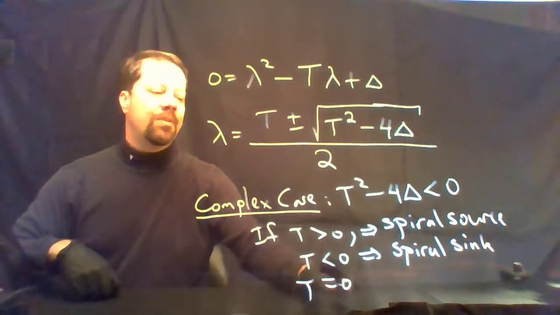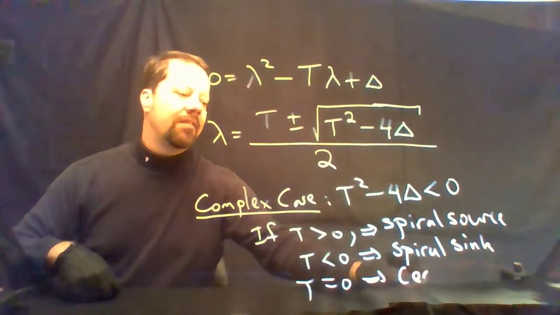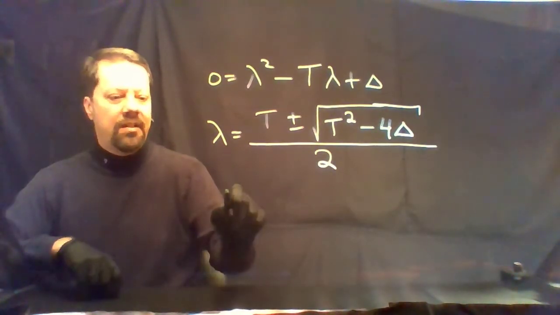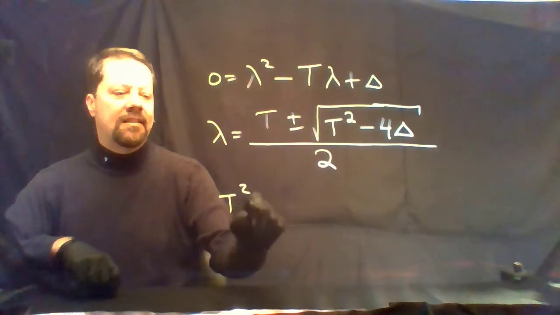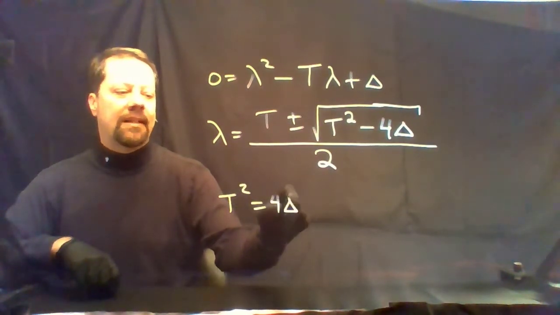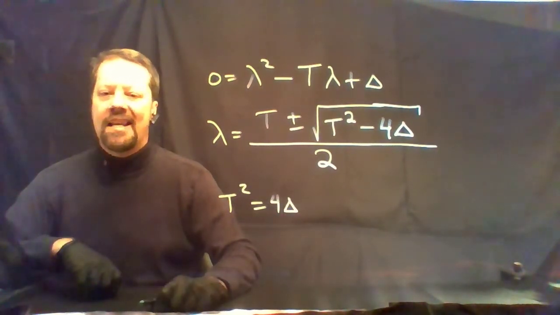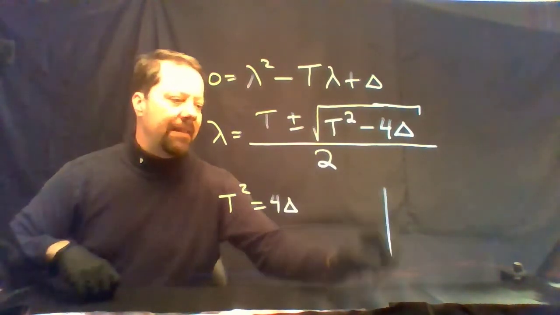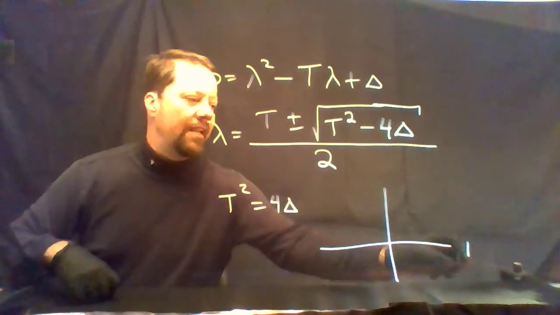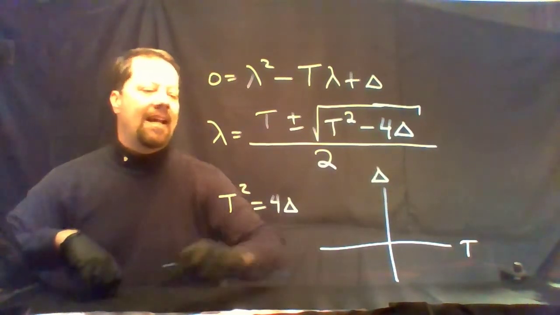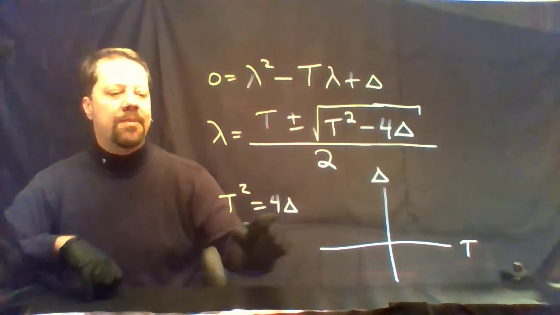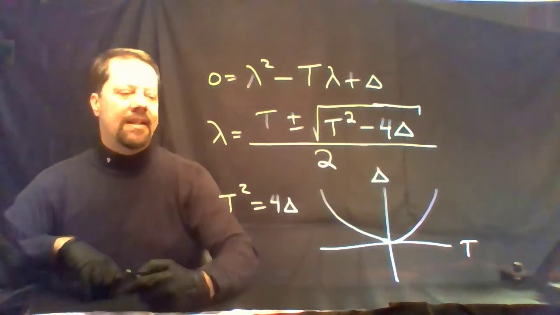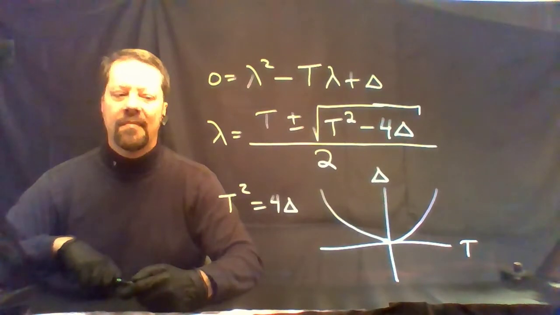And if t equals 0, you get a center. Notice that there's a dividing line, t squared equals 4 delta, between the complex case and the real case. If we think about that in terms of a trace and determinant axis, this represents a parabola in the trace determinant plane.